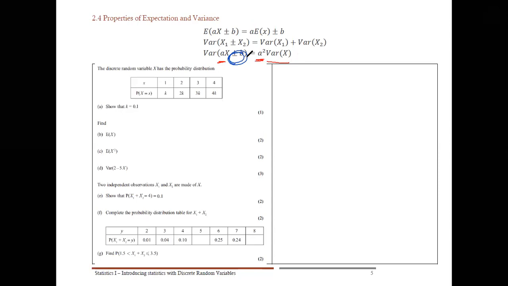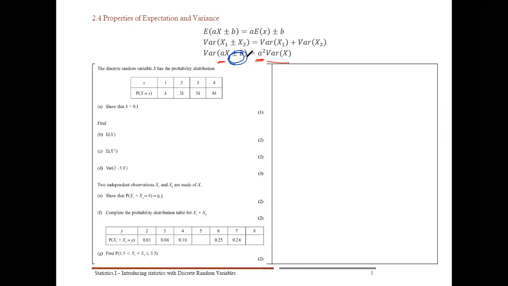Because if you add b to one data, you add b to every data. So there's no change in the variance, because the variance is the difference. If you minus b from one data, you'll minus b from all data. So again, there's no difference. So if it is Var(aX plus or minus b), it is only a squared Var(x).